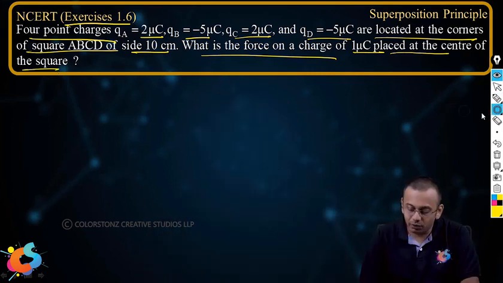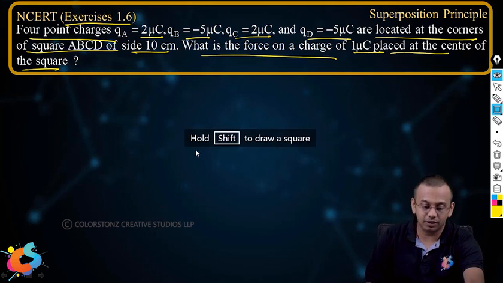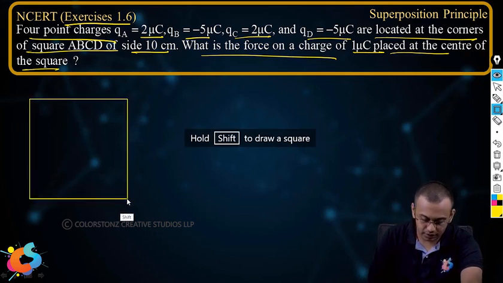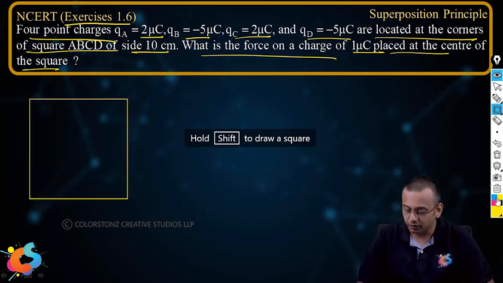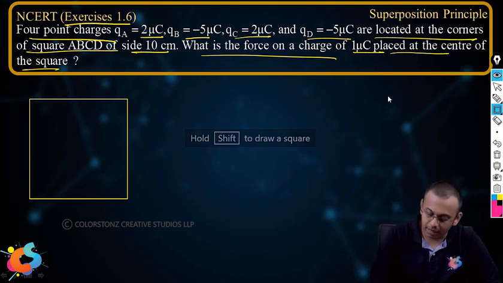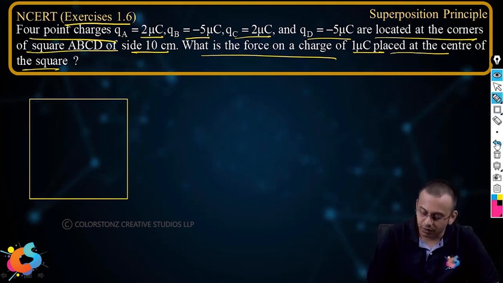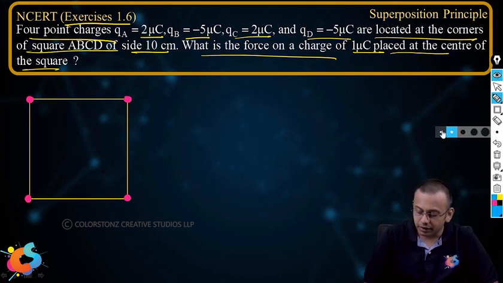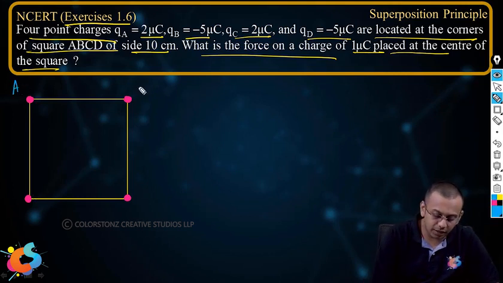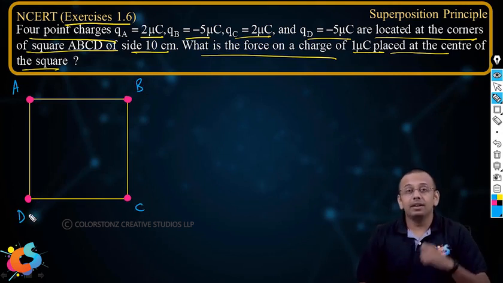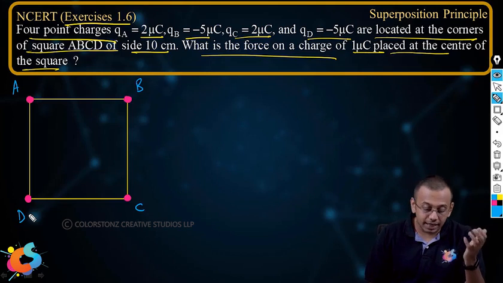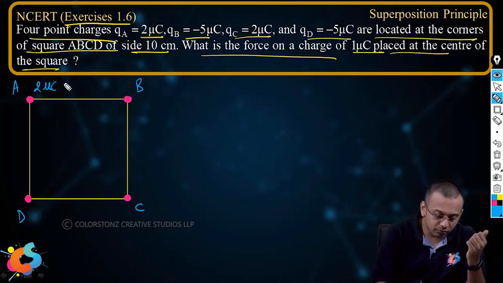So if we draw the setup, then this is what we have. We have 4 particles kept at the vertices of this square. One is here, second here, third here, fourth here. This is A, B, C, D. Now the charge on the vertex A is 2 microcoulomb.